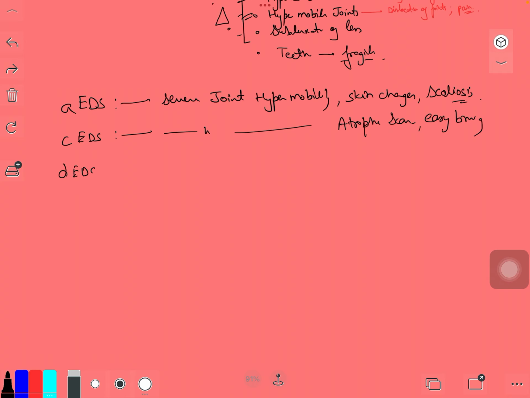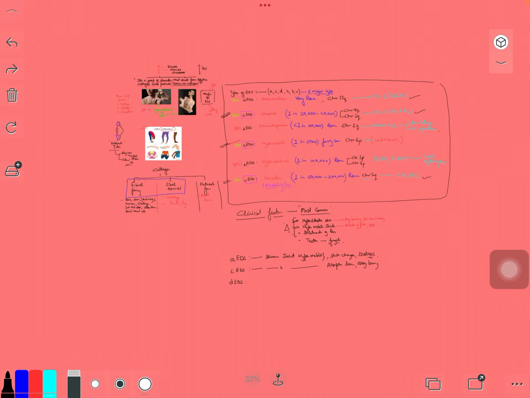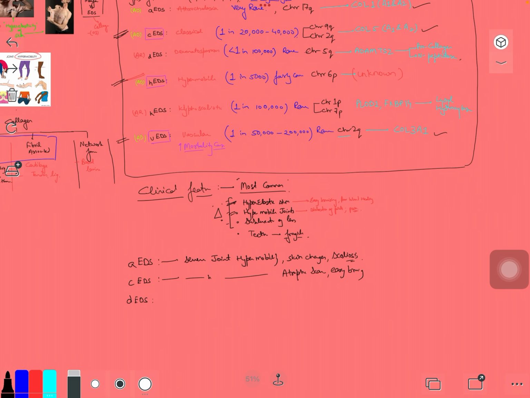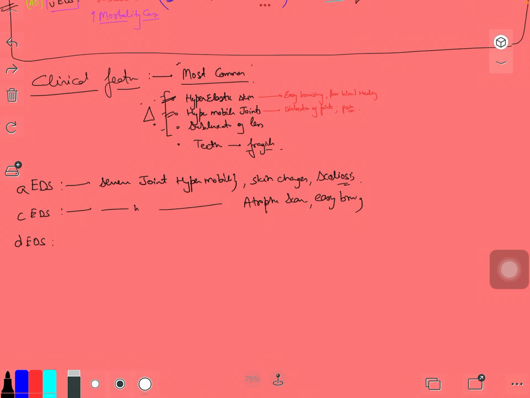Then the D type of EDS. The skin becomes, because it is a dermatosparaxis type of condition. So for the EDS, again, the problem will be present in skin. So skin will be much more fragile, and severe skin fragility will be present.